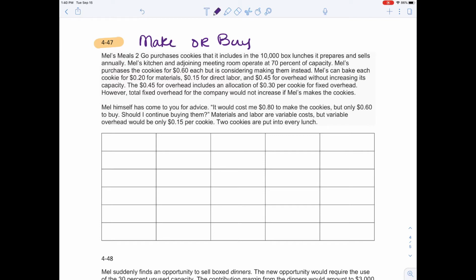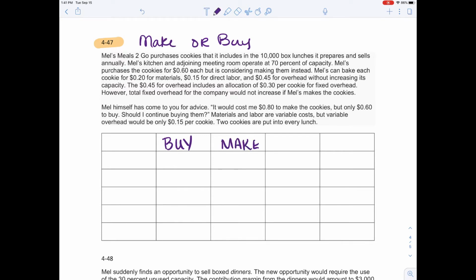So again, the first thing they're going to do is give you a whole bunch of information. You've got to pull out what you need, and then we're going to build that very simple financial statement again and do a comparison. So we're going to look at our status quo, or what does it look like if I buy?